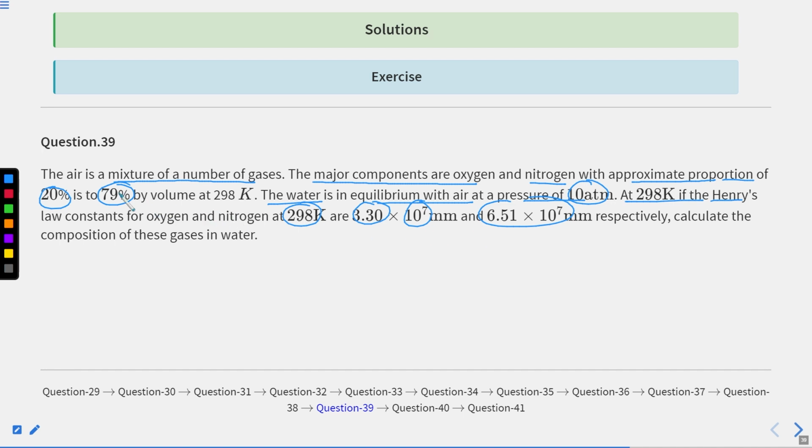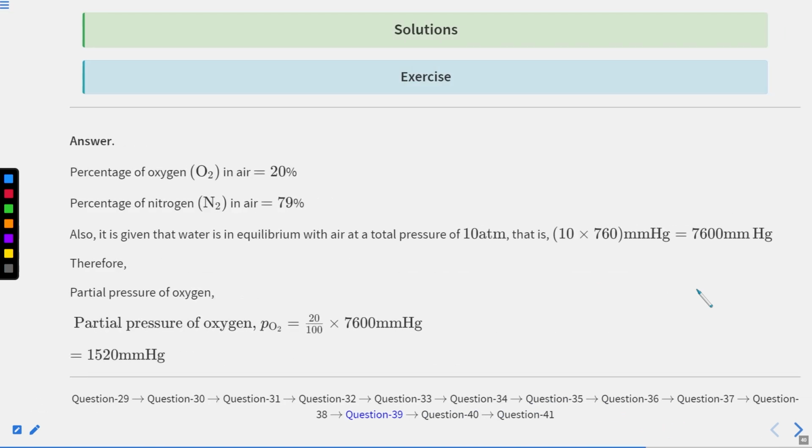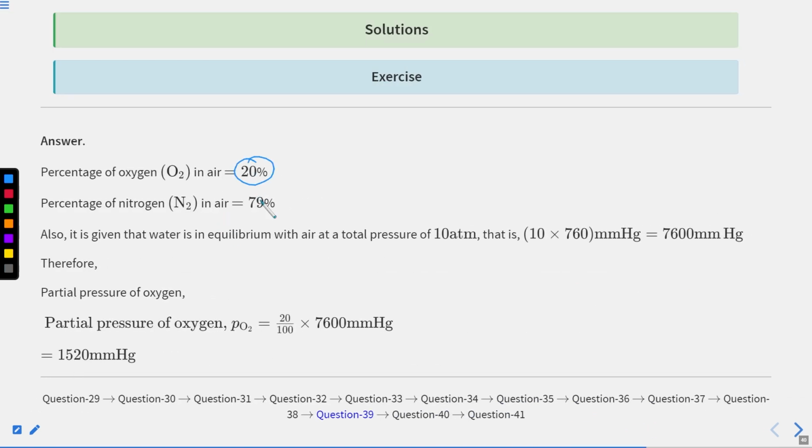A percentage is also given, so you can calculate the mole fraction from here. And pressure is given, that is 10 atm. Pressure is also given and KH is also given. So let us see the solution.